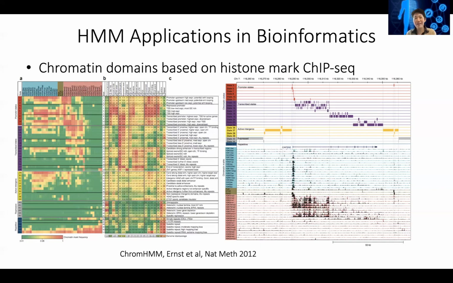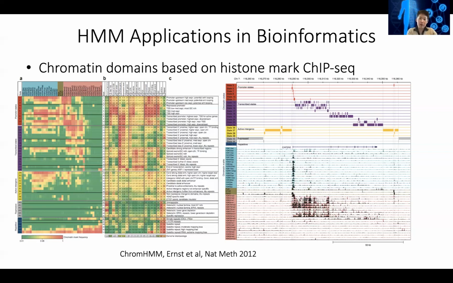It is similar to gene prediction or genome annotation. This region is an enhancer, this region is a suppressor, that region is a repeat region, that region is an exon, that region is a promoter, and so on. But instead of using genomic DNA sequence as the input data, it's using all the histone mark data across the genome. So in this study, the discrete time unit is a 200 base pair region in the genome.